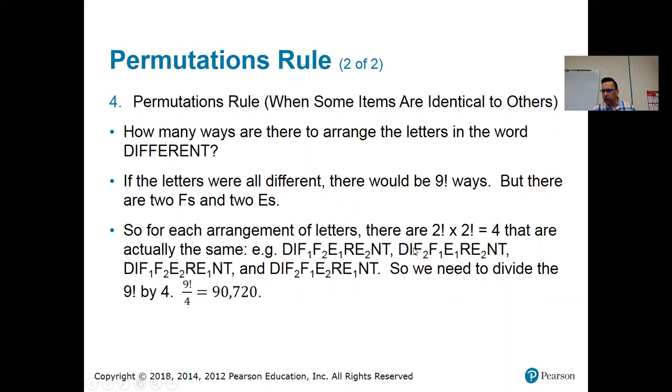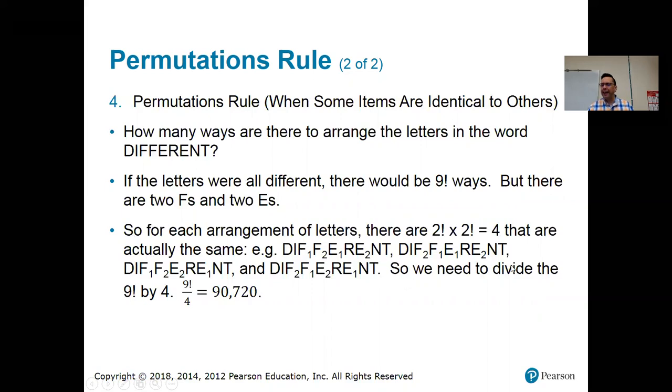I could switch the F's, and that would give me one that looks the same. Or I could switch the E's, and that would give me another one that looks the same. Or I could switch both. So there are 2 factorial ways to arrange the F's. There are 2 factorial ways to arrange the E's.